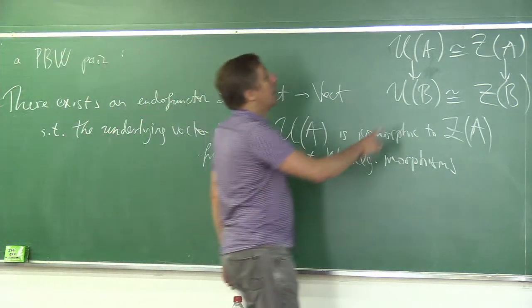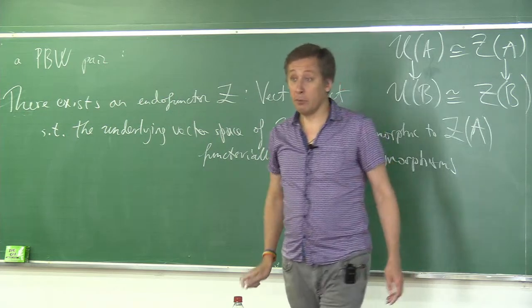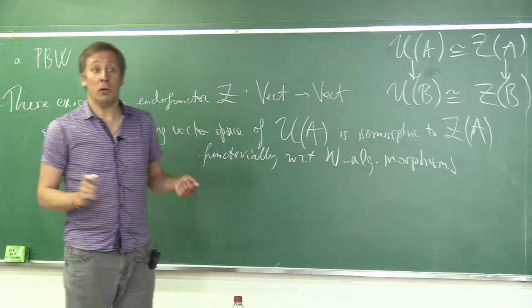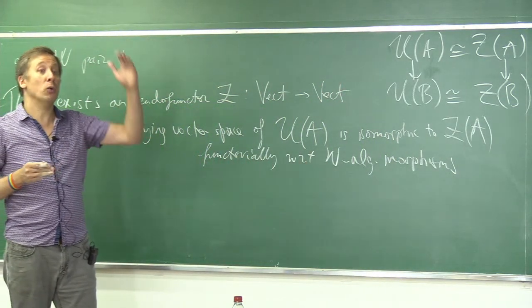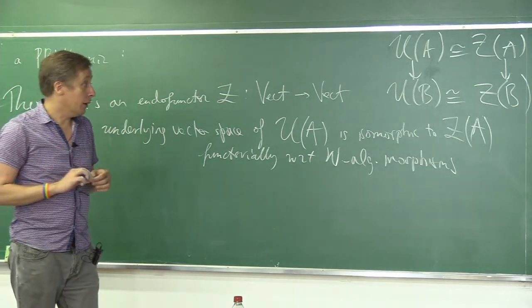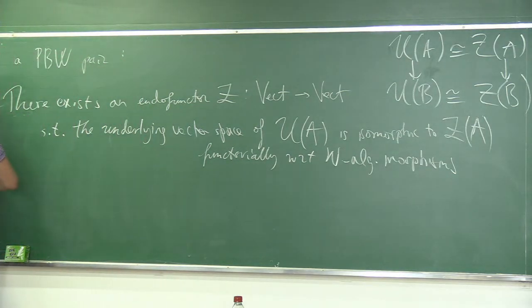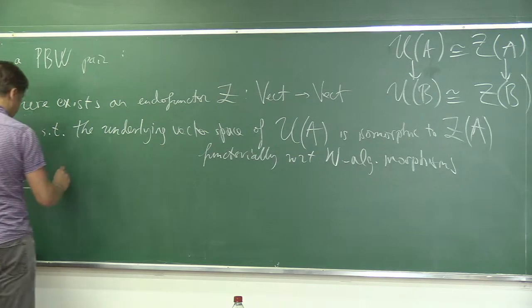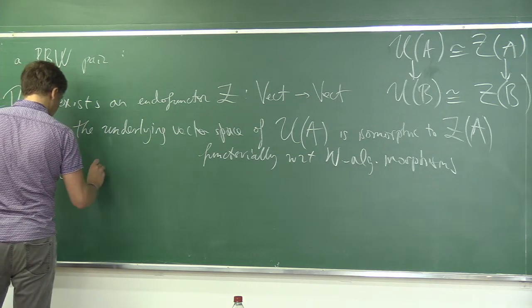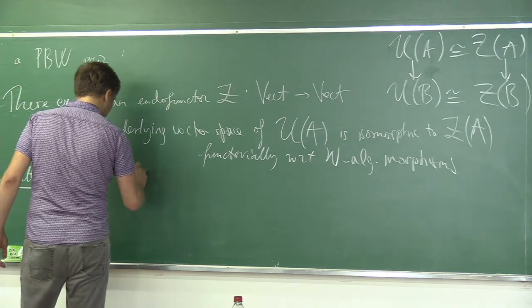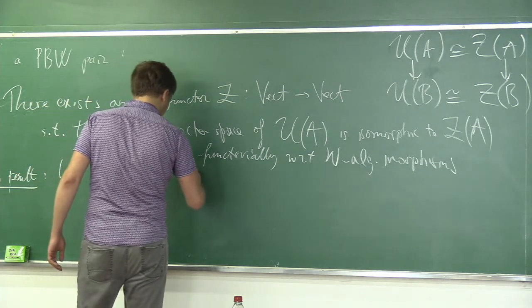And you want this diagram to commute. So somehow you want your isomorphisms to be chosen in some coherent way. And the main result about the PBW pairs: let phi from Q to P be a morphism of operads.